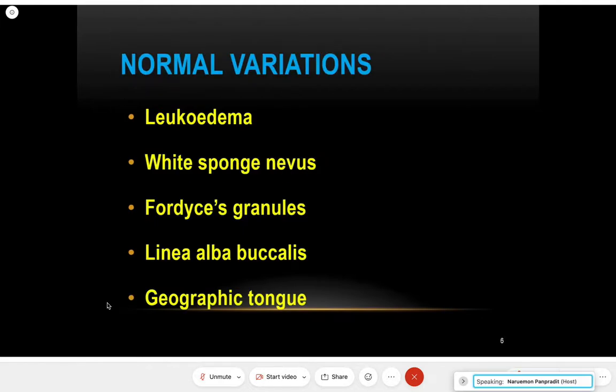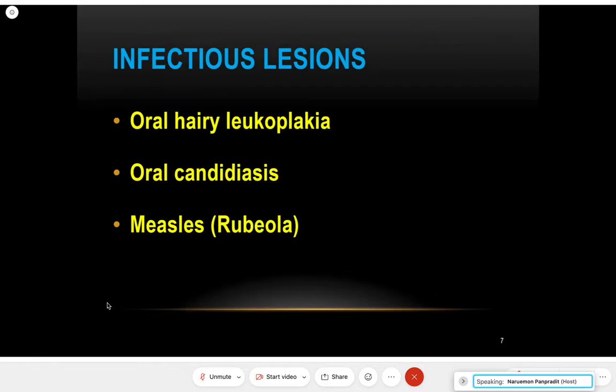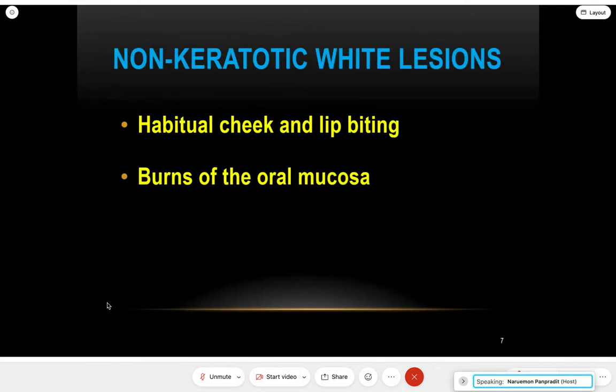Next, in the group of normal variations, I will talk about leukoedema, white sponge nevus, Fordyce granules, linea alba buccalis, and geographic tongue. For the infectious lesions, I will explain oral hairy leukoplakia, oral candidiasis, and nasal or alveolar.